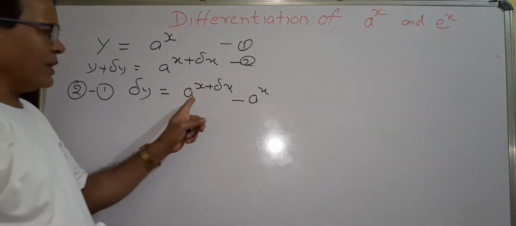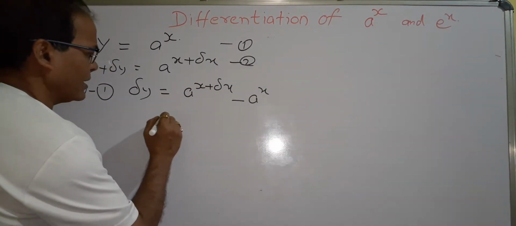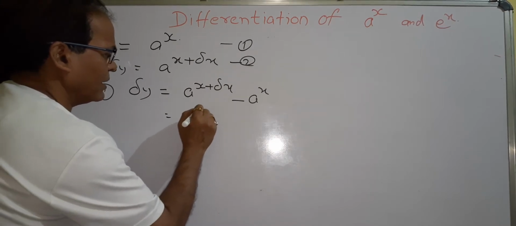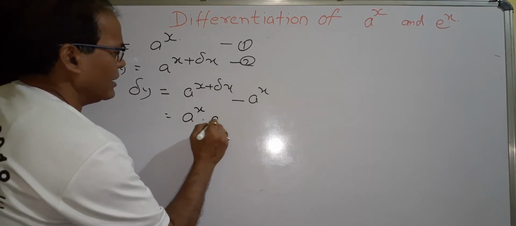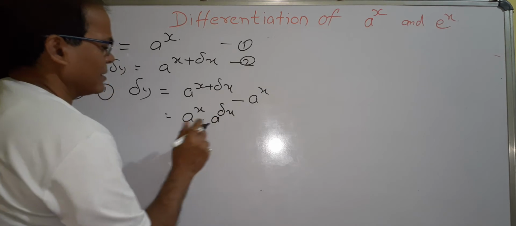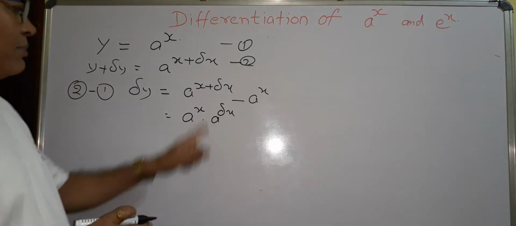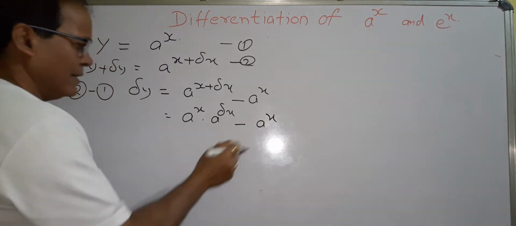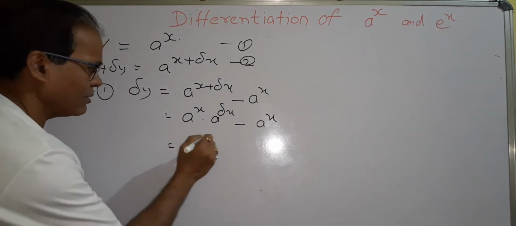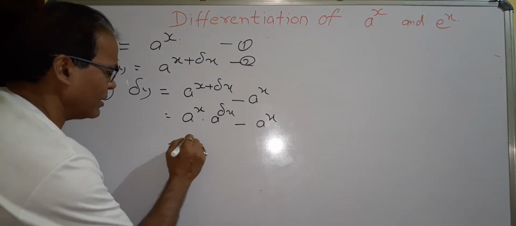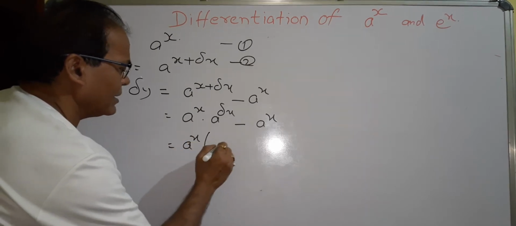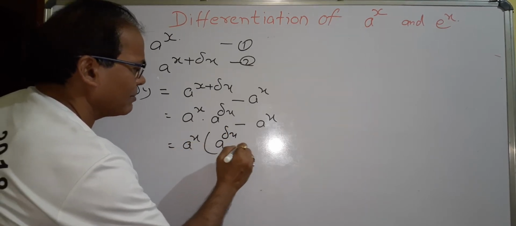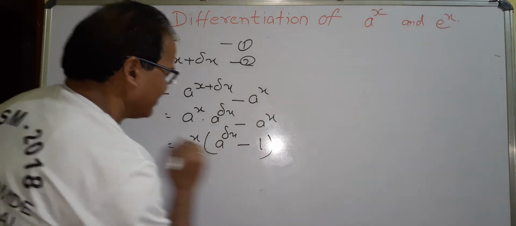So a to the power x plus delta x we can write as a to the power x into a to the power delta x, because exponents can be added, minus a to the power x. A to the power x we can take common, then we will get a to the power delta x minus 1.